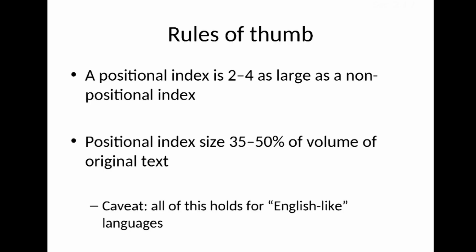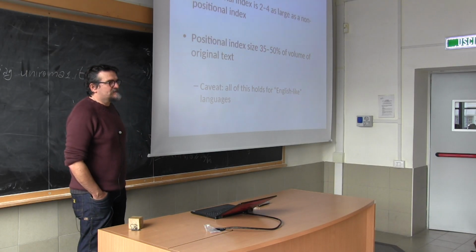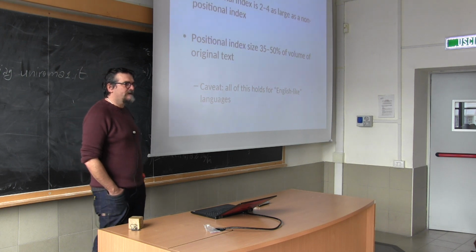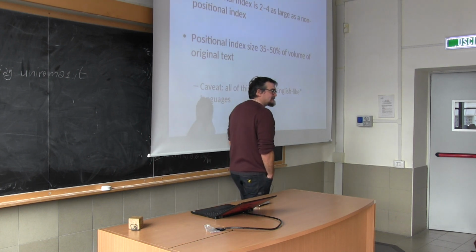In general, as a rule of thumb, the size of positional indexes is usually 2 to 4 times as large as non-positional ones. And in terms of volume, it is between 35 and 50% of the original text.